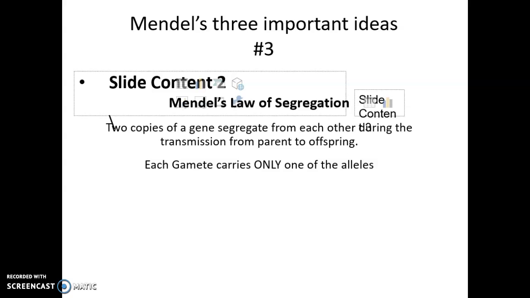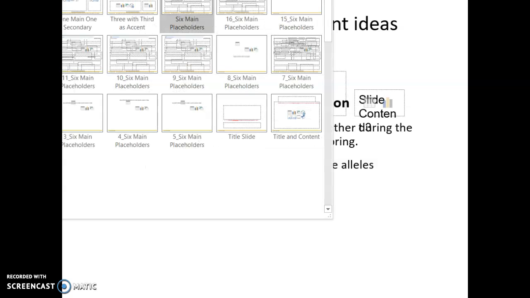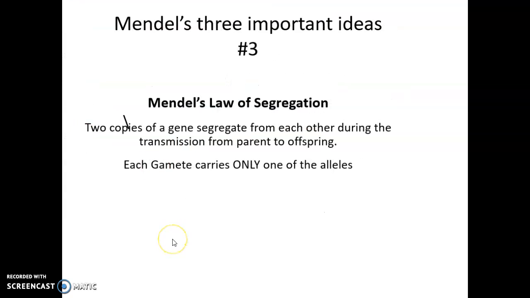And the last thing that he figured out was in his law of segregation, that the 2 copies of a gene separate from each other during meiosis as they go from parent to offspring, and that each gamete only carries 1 of those alleles. We've discussed that in the meiosis chapter.